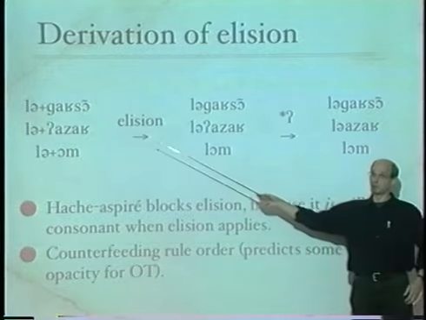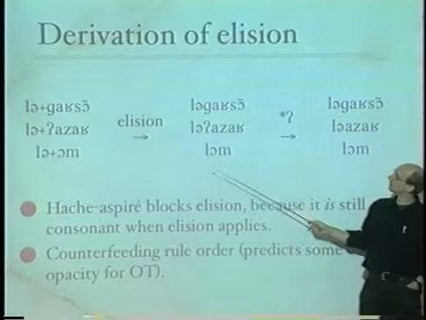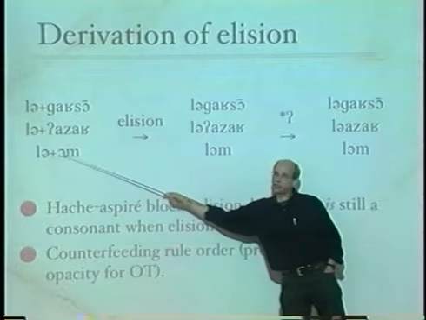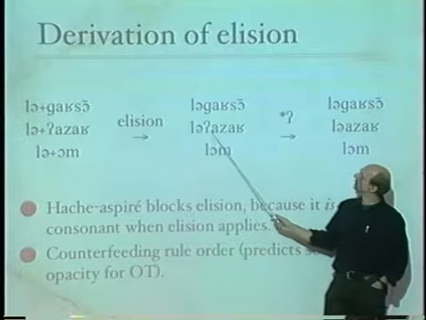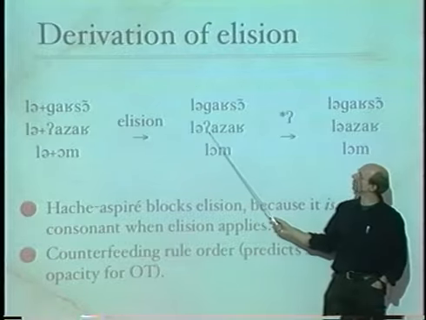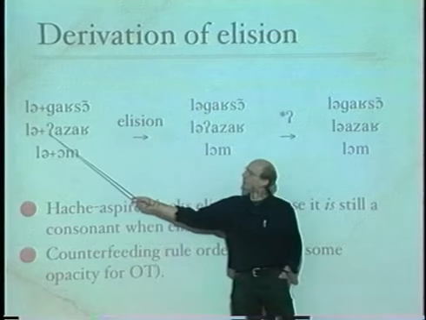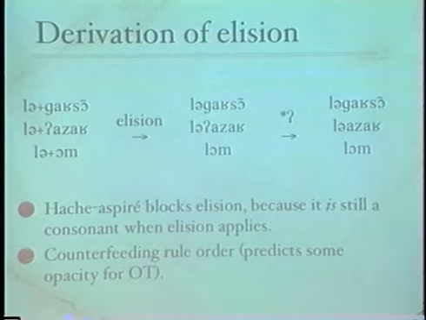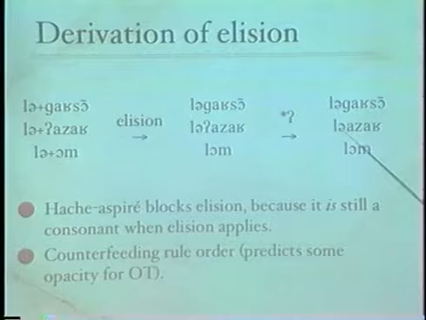The first phonological process is elision. Elision only applies if the schwa is adjacent to the vowel, so it applies in l'homme. It doesn't apply in le hasard because at this stage of the derivation, this H aspiré is still a consonant. It's a glottal stop and that's a consonant, right? And at the next stage in the derivation, you remove the glottal stop and you get le hasard.